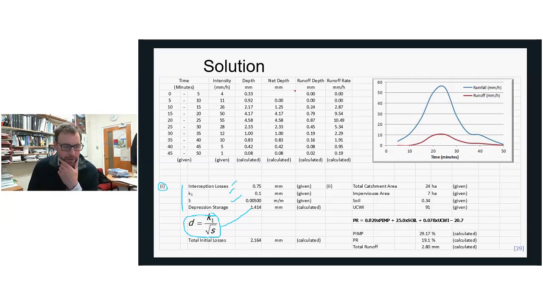And if we add that to 0.75, draw a little circle around that, if we add them together, you get the total initial losses of 2.164. Okay, so don't forget that. In fact, let's put a line under that, 2.164 millimetres, so don't forget about it.